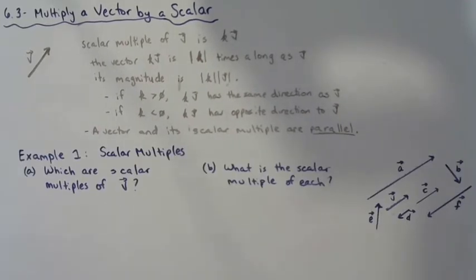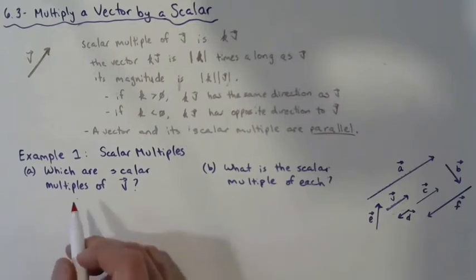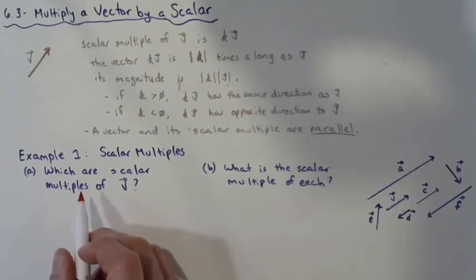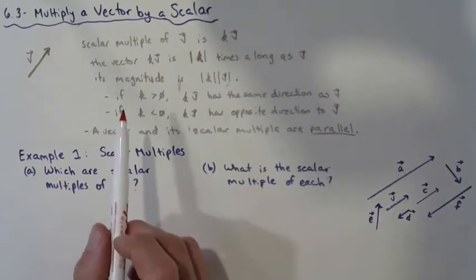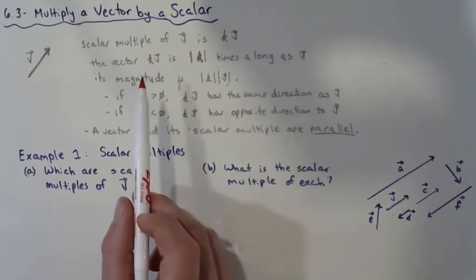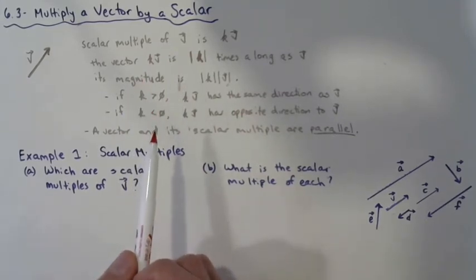All right, example 1, we are looking at a bunch of diagrams of vectors, and we're going to identify which of them is a scalar multiple of vector v, and then we're going to determine that scalar multiple of each. So first thing, let's just make a list of the ones that are scalar multiples of v. We've said that the scalar multiple k can change the magnitude but not the direction.